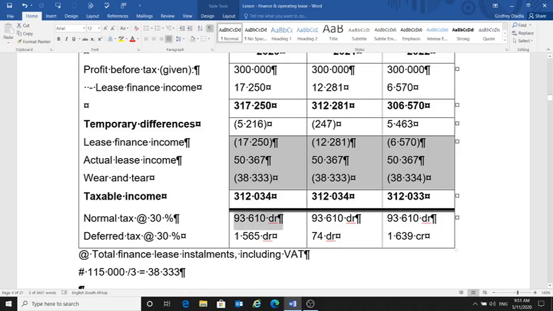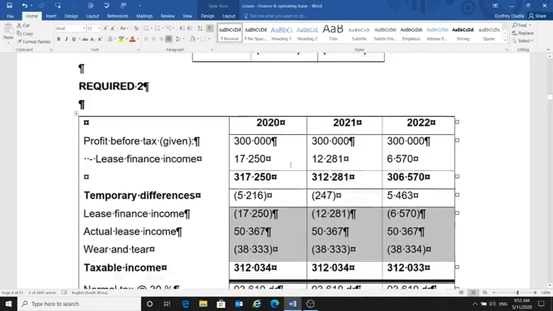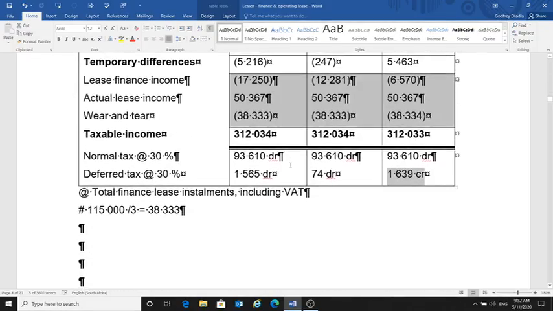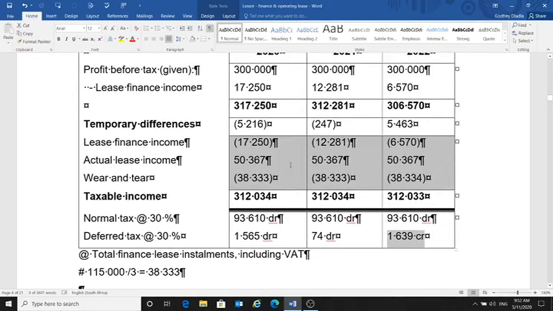Okay, so this is what is going to happen throughout the years. Right, you see the temporary difference for the following is 247, which is still taxable, that equals to a liability, and that's why the 74 here is debit. Here this one is not, it's deductible. This one deductible equals to asset, debit balance sheet, credit income statement. Okay, all right, so we've got the taxation part done here.